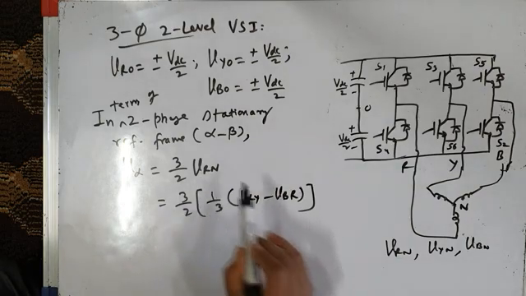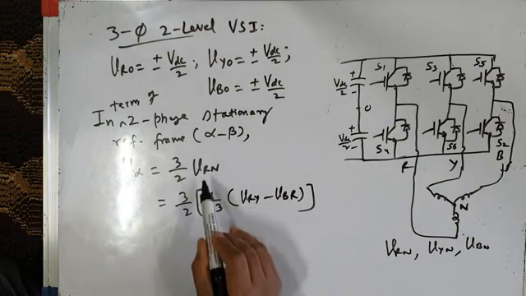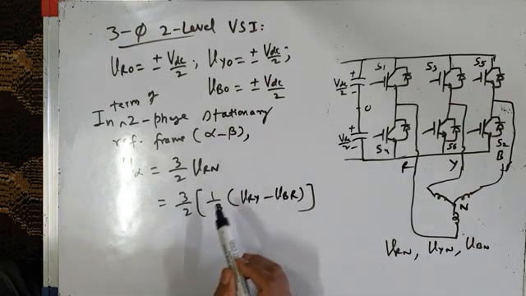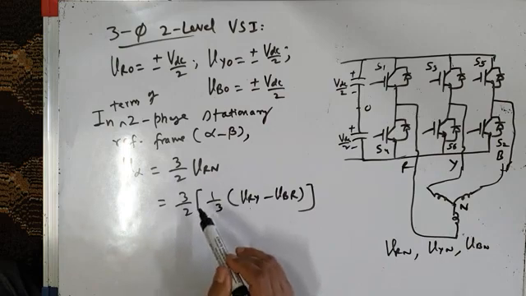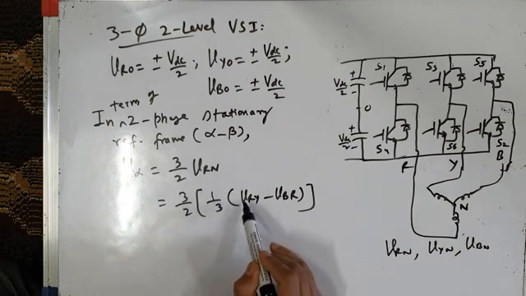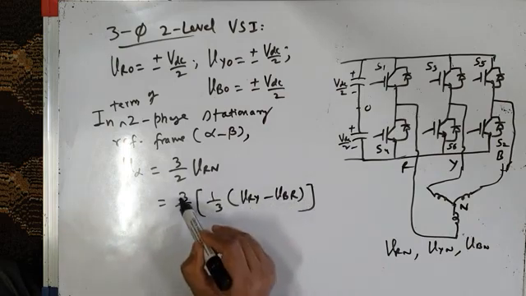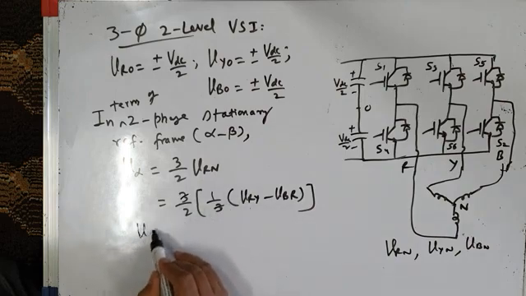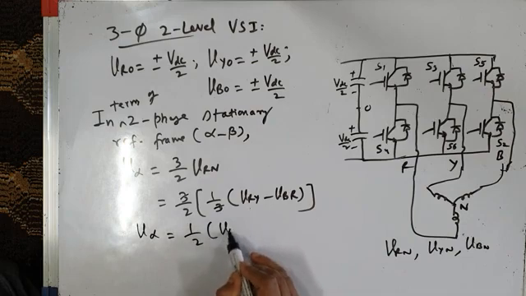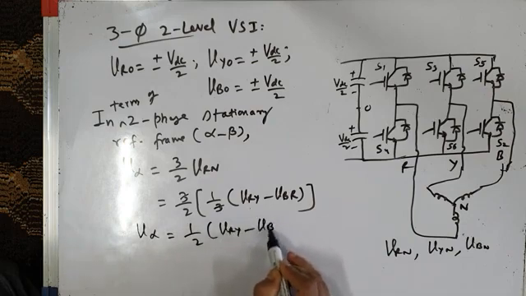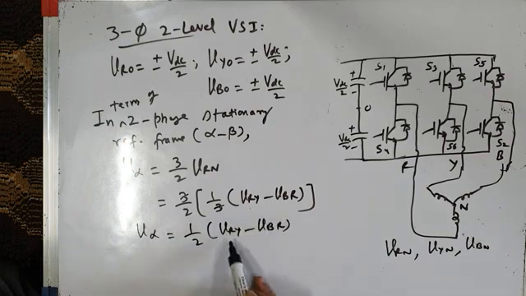We discussed this phase voltage in terms of line voltage in the last couple of lectures of module 3. VRN is 1/3 times VRY minus VBR. Now this 3 and 3 cancel, which means V alpha will be equal to 1/2 times VRY minus VBR. So this is in terms of line voltages.